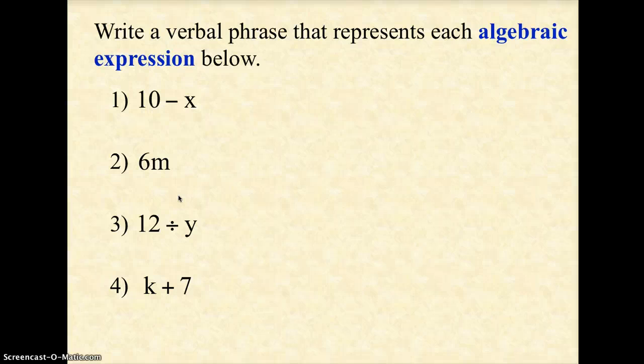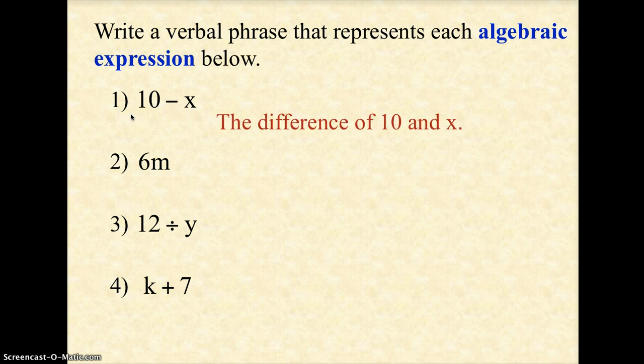Okay, are you ready? Let's translate 10 minus x in words. Try it on your own. Use the words that you have learned in the previous slides. 10 minus x, you can also write as the difference of 10 and x. How about 6m?